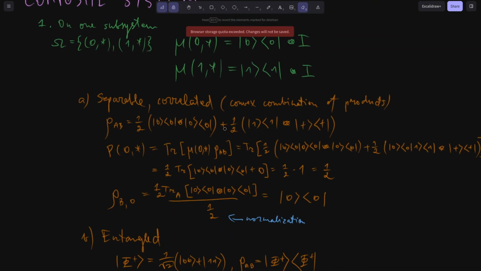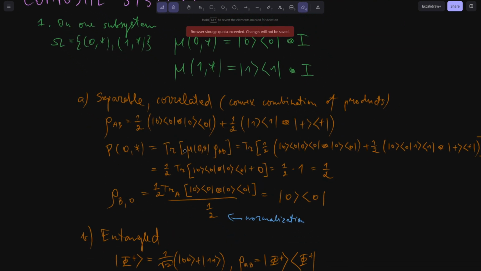So again, we apply this measurement to our state, and we calculate the trace and get the probability that on the first system we measure 0. What does the second system get? The second system gets this state. So we do a normalization by dividing, and here is our partial trace on the measurement applied to our state, which is again 0, 0, the same thing.